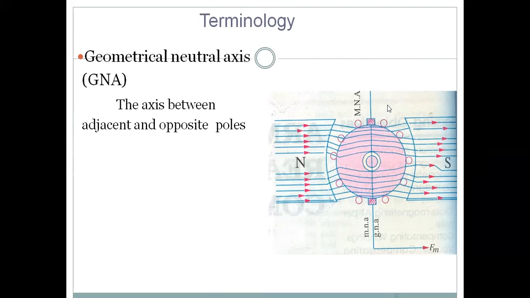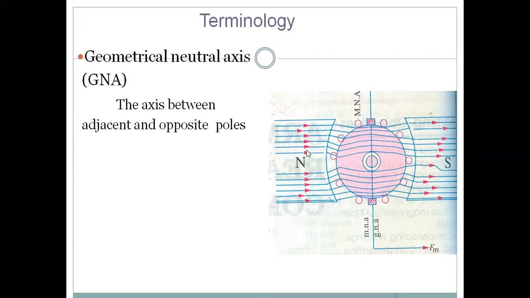Suppose this is a 4-pole generator, then for this pole, this will be the adjacent pole. Then it is an axis between the adjacent poles, and I draw that line with arrows as the geometrical neutral axis. But I am considering here only a 2-pole DC generator. For this figure, this is one pole and this is another pole.